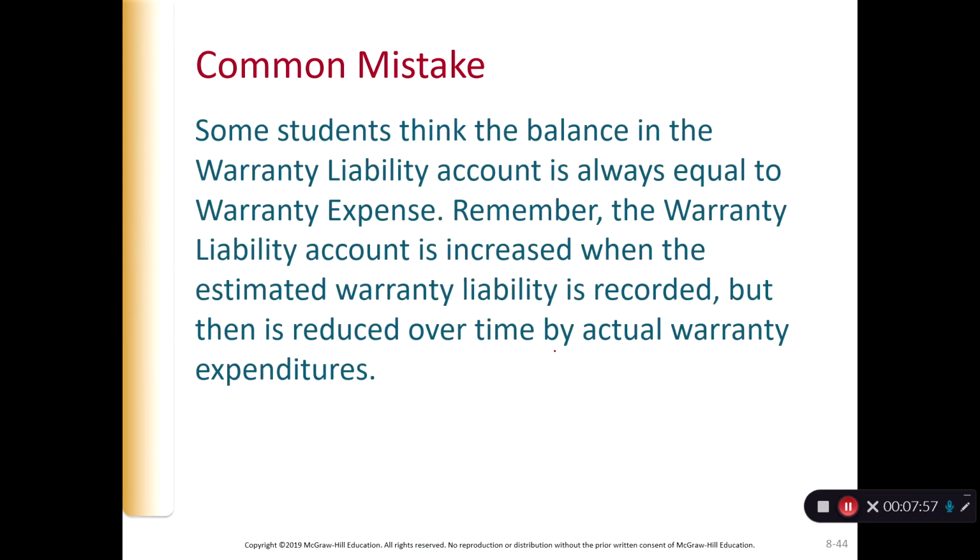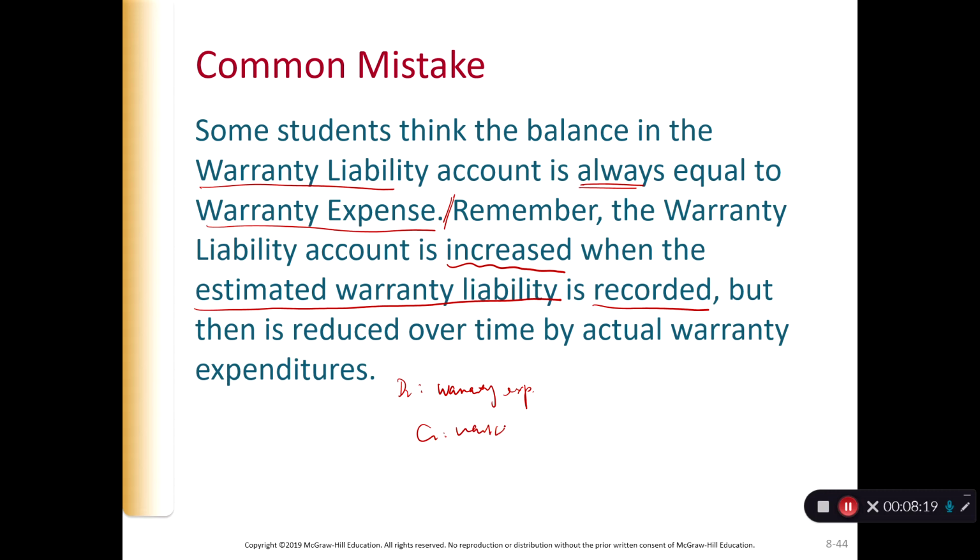So some students think that the balance of the warranty liability account is always equal to the warranty expense account. That's not the case. The warranty liability account is increased when the estimated warranty liability is recorded, so when we write down warranty expense and credit warranty liability, this is when the liability is increasing.